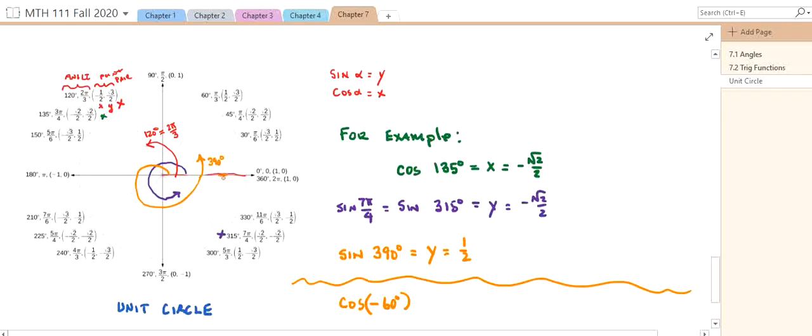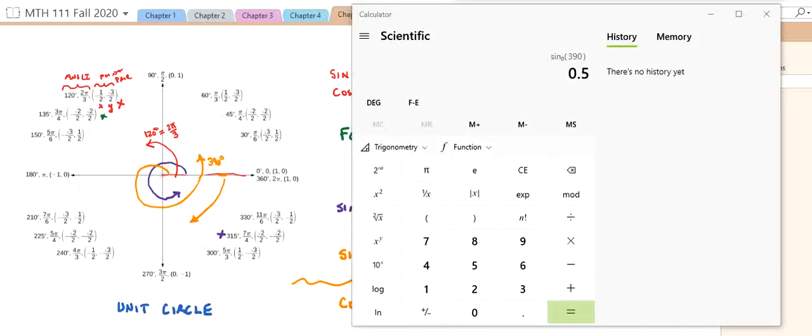Again, we start here, but we go this direction. So 360 minus 60 is going to be at this 300 mark. So it's the same thing as the cosine of 300. And this is going to be x. And everything's just turning out to be 1/2. It's just a coincidence. Again, we'll check this with the calculator.